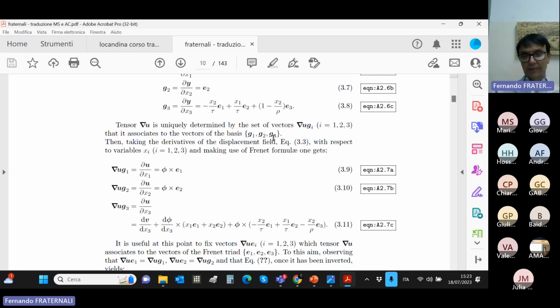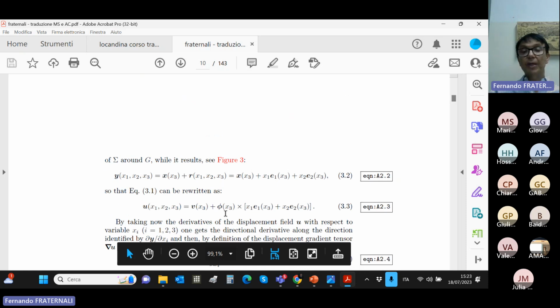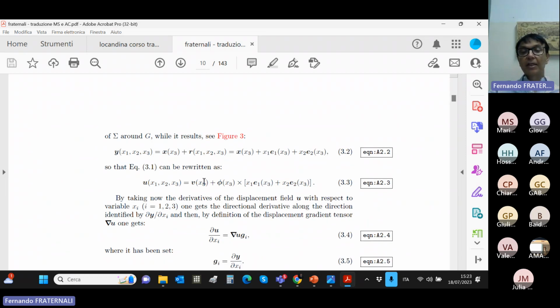These derivatives are simply obtained by differentiating U with respect to x1, x2, and x3, accounting for the finite formula. When we take the derivative of U with respect to x1, x2, and x3, we have to differentiate V and V, which are functions of x3, and we also have to differentiate E1 and E2, which are functions of x3.